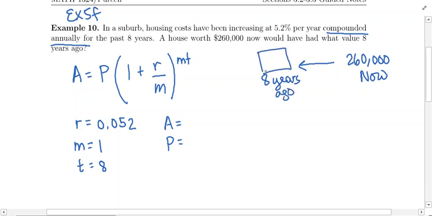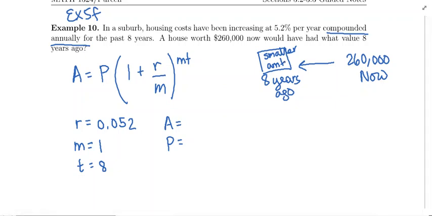So common sense is going to tell us, if housing prices have been increasing for the last 8 years, this number we're looking for is going to be a smaller amount than $260,000. We expect the answer to be something smaller than $260,000 because whatever price the house was worth, it needed to increase to be $260,000 right now.